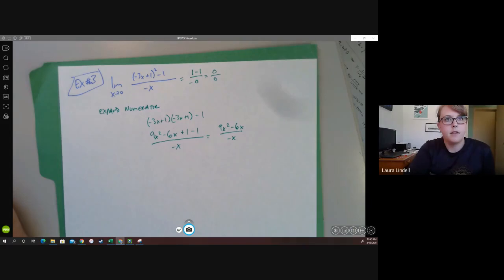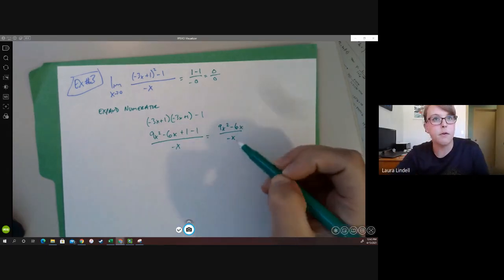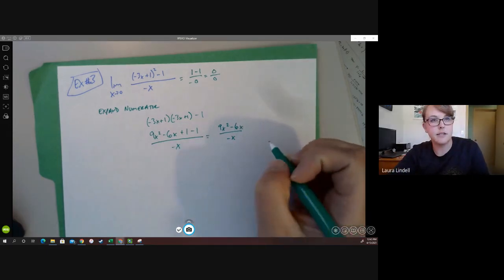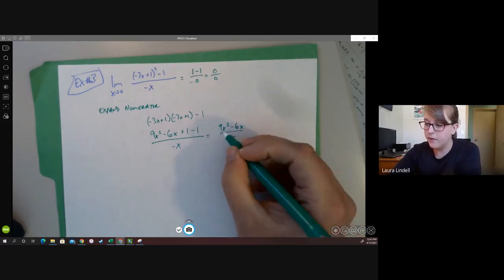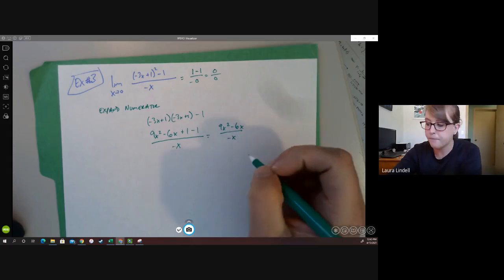Okay. So we're getting closer here to something that we could use. Except if I plug in 0 now, it's still 0 over 0. So the next thing that I want to do is factor out an x, because both of these have a greatest common factor here.